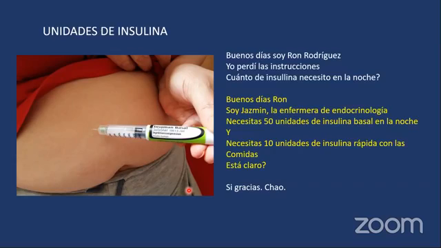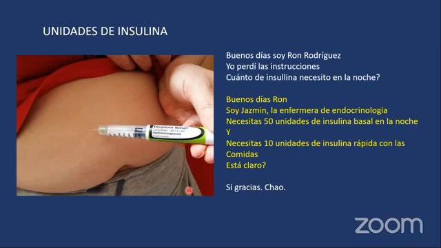Soy Jasmine, la enfermera de endocrinología. Necesitas 50 unidades de insulina basal en la noche y necesitas 10 unidades de insulina rápida con las comidas. ¿Está claro? Sí, gracias. Chao.